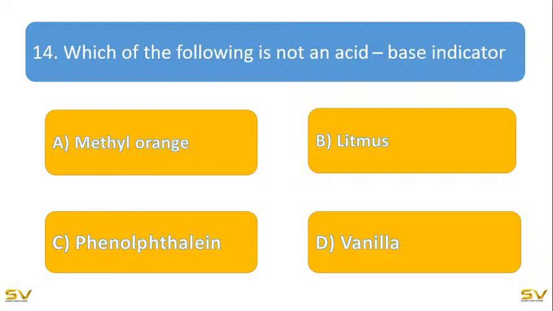There may be some confusion also. In the answer, you will definitely get that confusion. So whether it is right or wrong, methyl orange, litmus, phenolphthalein, and vanilla. So which of the following is not an acid base indicator?